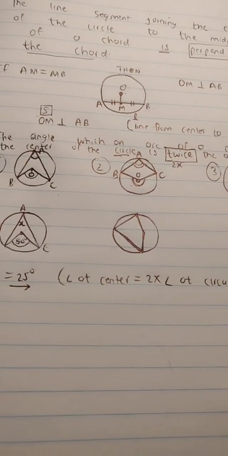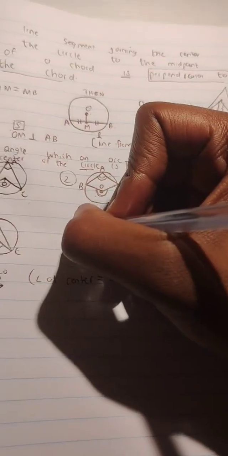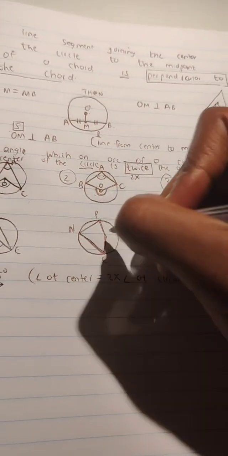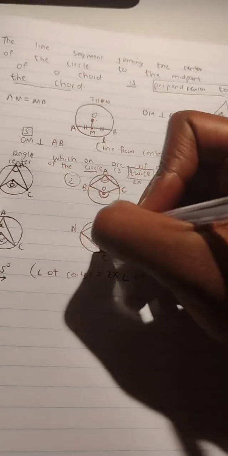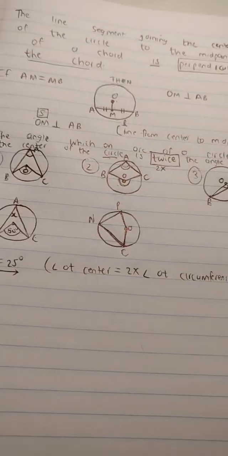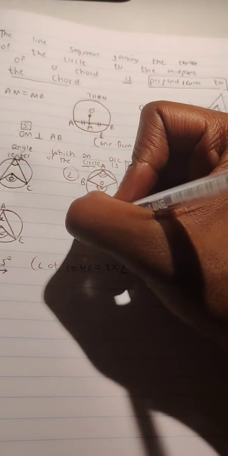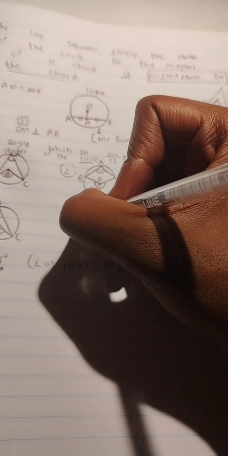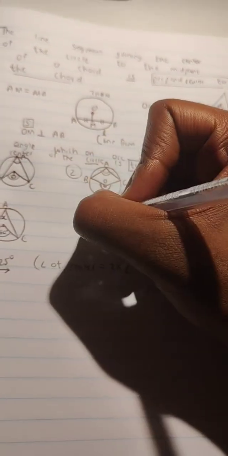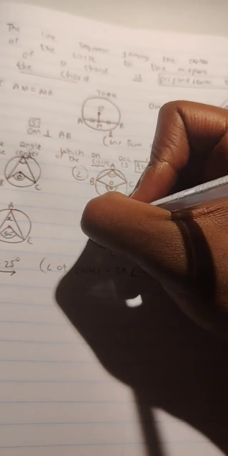All right. Let's say we had PNCO. Let's say that's O. The O is the center there. Let's say that is 80 degrees.